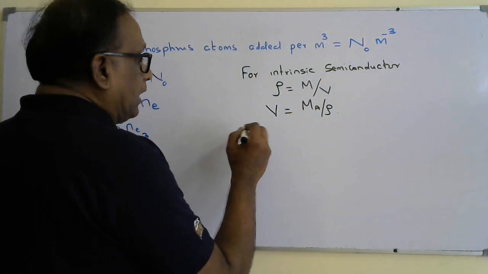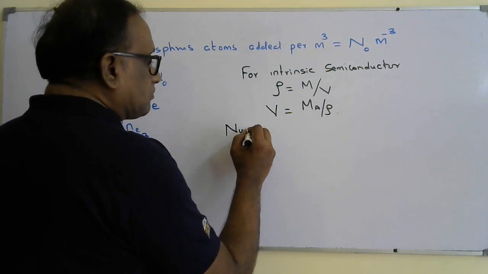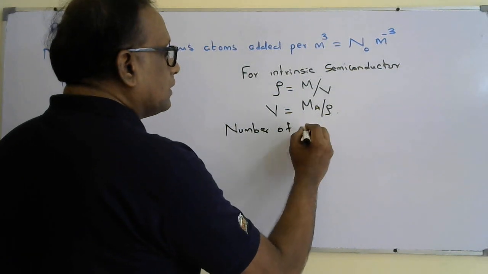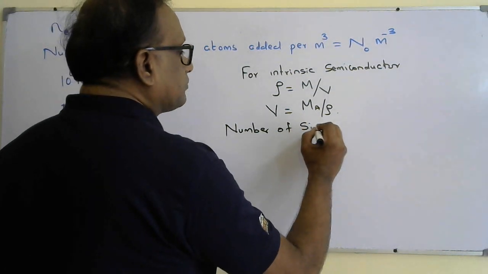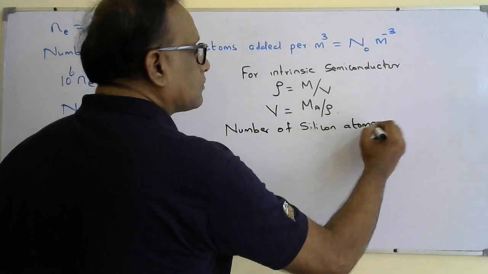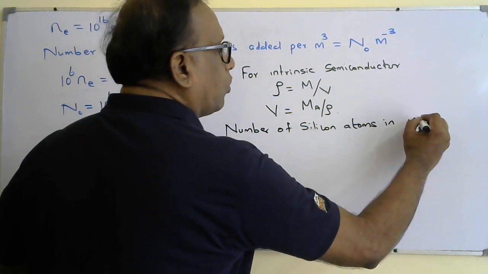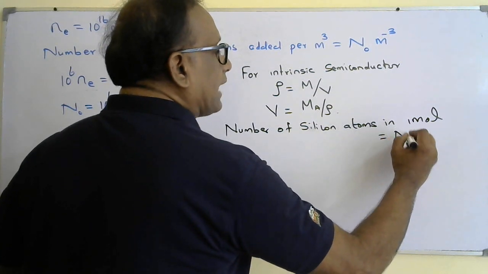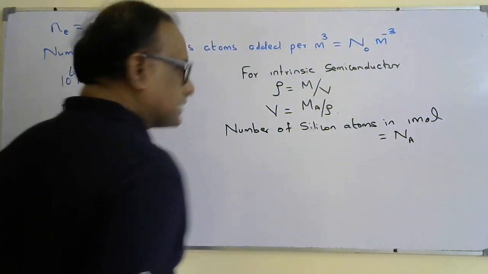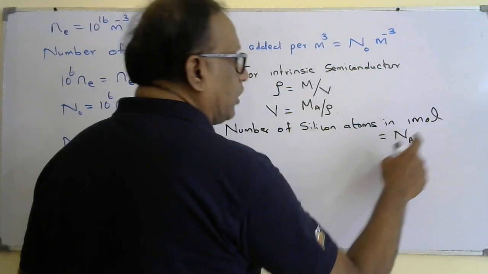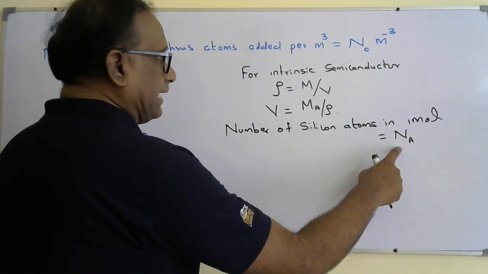We know that the number of silicon atoms in 1 mole is equal to Avogadro number. So I can say Na, Avogadro number. That's given in the question. So the number of silicon atoms in 1 mole, I know the Avogadro number, which is Na.